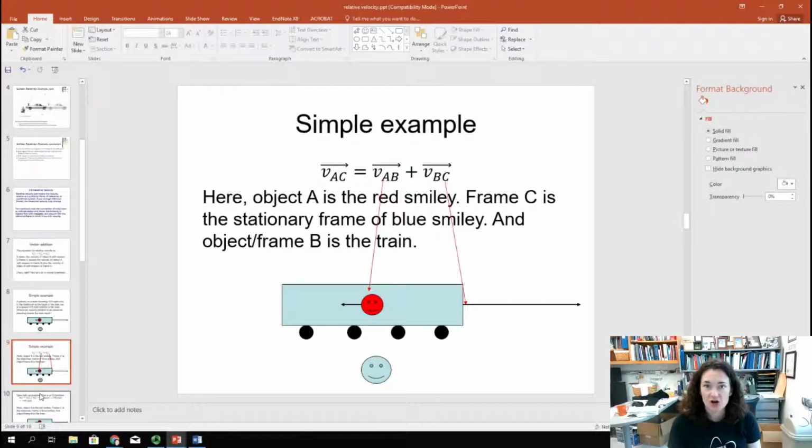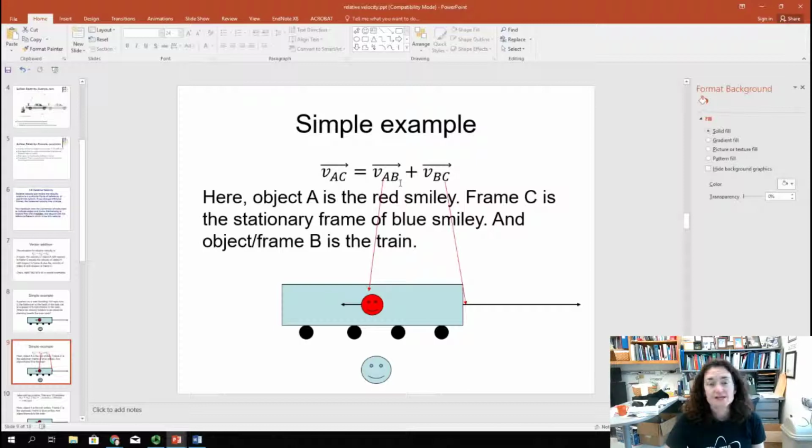So the two reference frames are the stationary frame on the side of the road, that's frame C. And the moving frame, the constant velocity frame of 100 miles per hour of the train, that's frame B. So if you were trying to identify what goes where, V_AC would be the velocity of the red smiley guy with respect to the stationary frame, which is blue smiley guy. So what would blue smiley guy see as object A's speed or velocity? Okay, that's this first term in the equation, and that's what we're solving for.